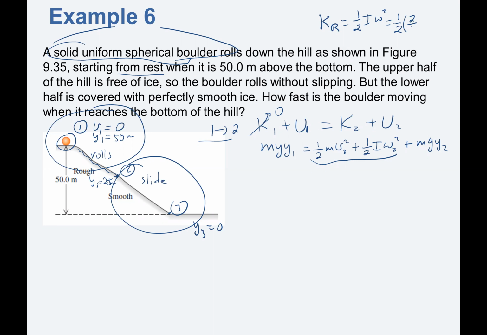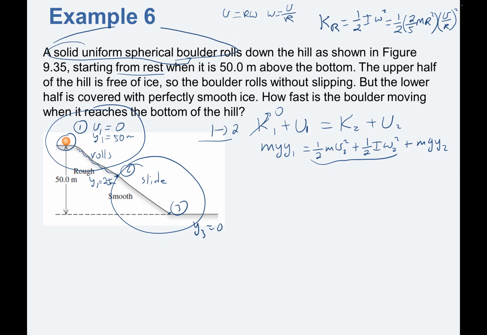So it's 2/5 mass times the radius squared. And then we're using that v equals r times omega, or omega equals v over r. I can replace this, which means omega squared becomes v over r squared.